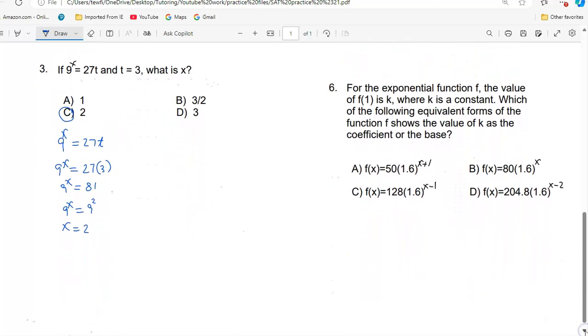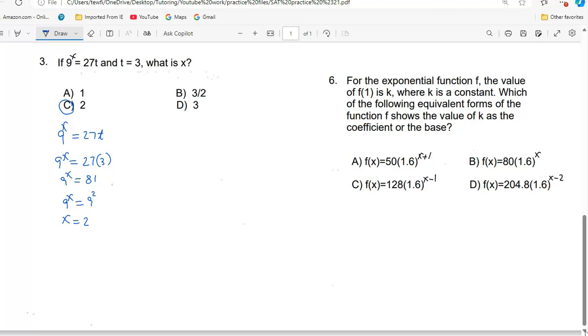For number 6, for the exponential function f, the value of f of 1 is k, where k is a constant.